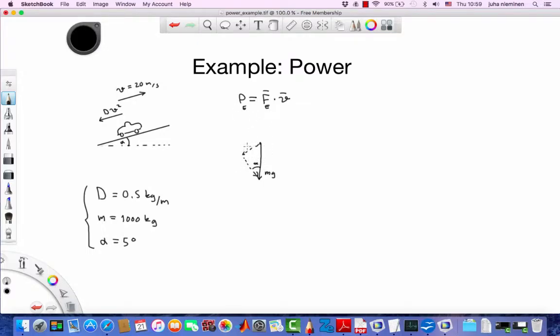In that case, this is mg sine alpha, and this one would be mg cosine alpha. Then the force from the engine, Fe, and we also have the drag force, like shown in this figure, dv squared.